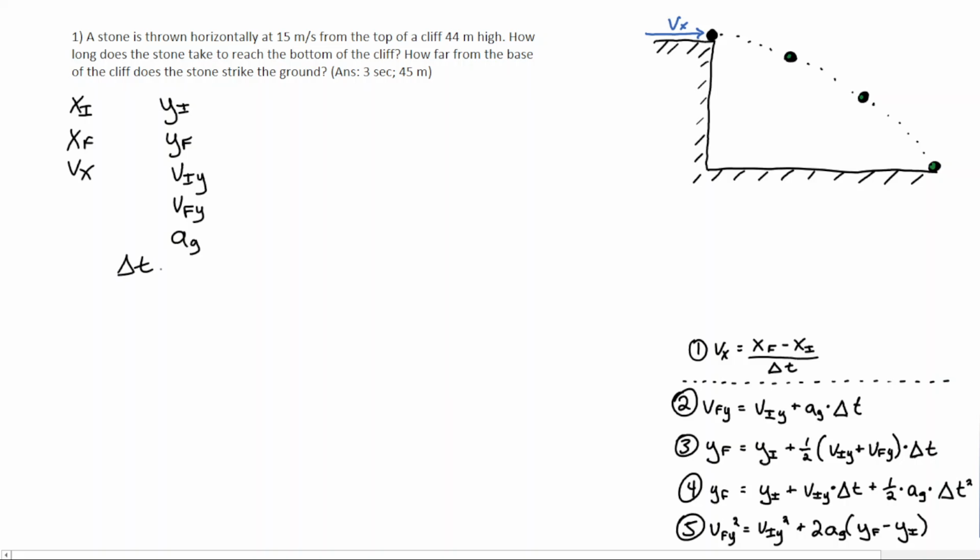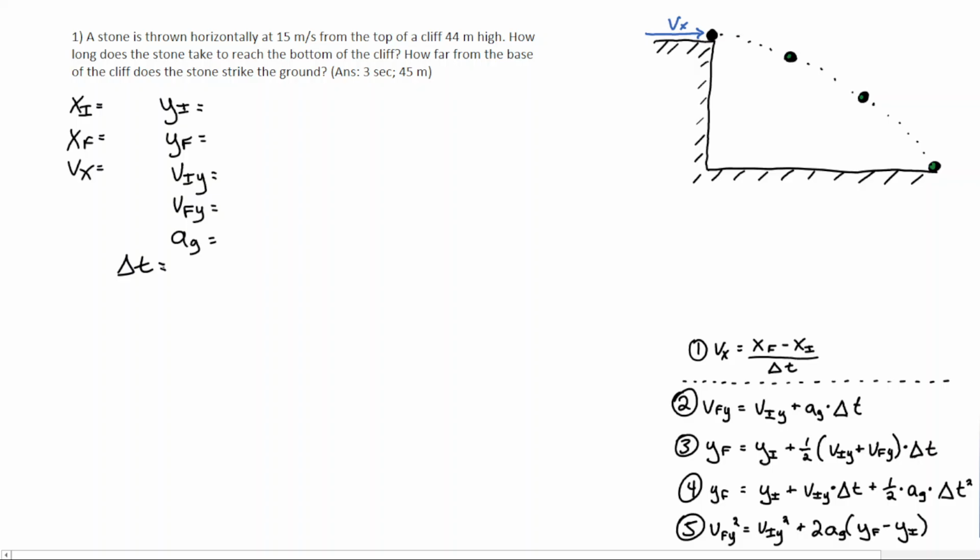The whole reason why I put delta t in the center like this is because it doesn't really have to do with either the x or y direction. It just is kind of by itself. It doesn't really have any sort of direction included in it.